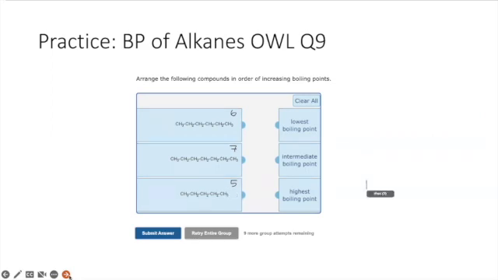So a higher number of carbons equals higher BP. Therefore, the one with 7 carbons is going to have the highest boiling point, then 6, and then 5 would have the lowest boiling point.